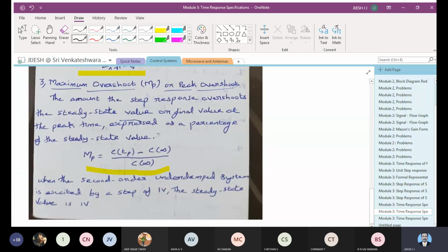So these are some of the time response specifications for a second order system. Usually the entire thing is asked for almost 10 marks, or they go with problems. We'll be seeing the problems as well, where you'll be using these equations to find out the maximum overshoot, peak response, everything.